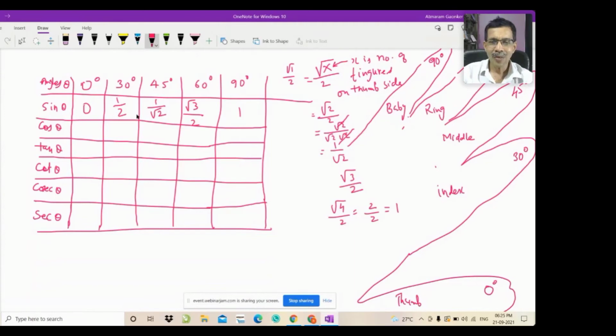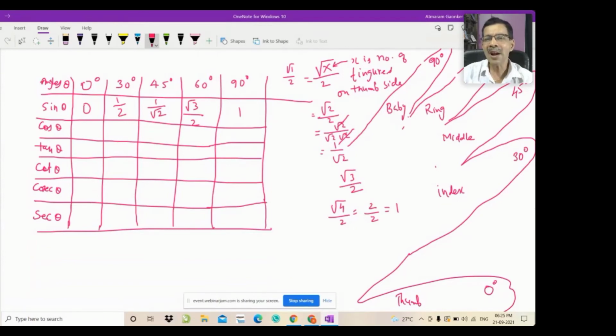And so much energy is required only for the first row, and the second, third, fourth, fifth, sixth rows are very, very easy. You can write directly, verbally, all these ratios of the subsequent trigonometric functions. Okay, is there any difficulty in understanding this?